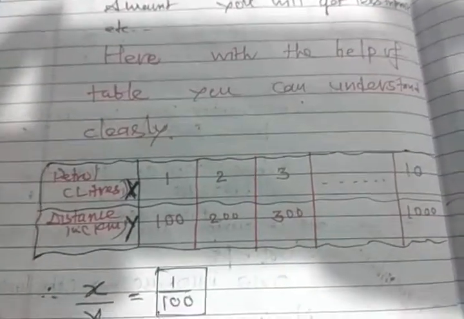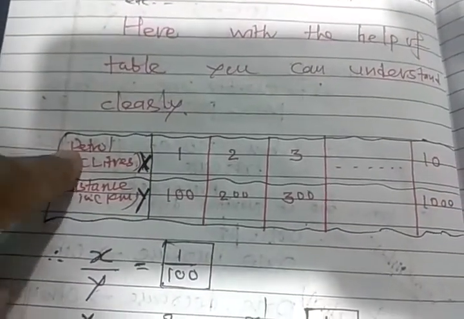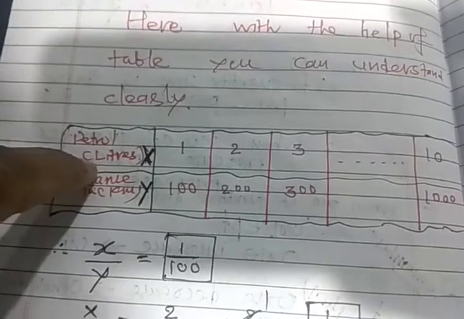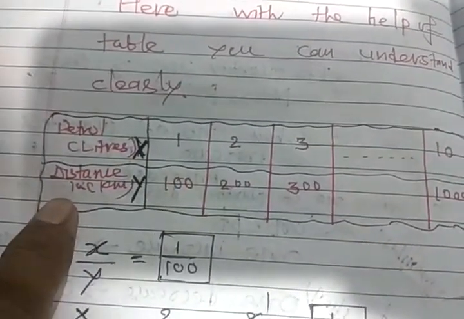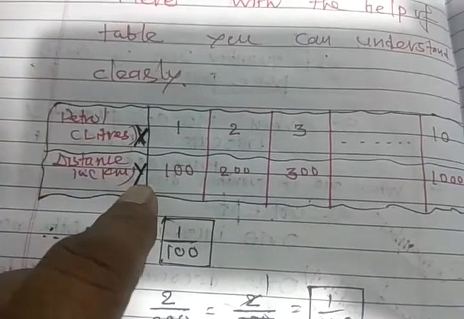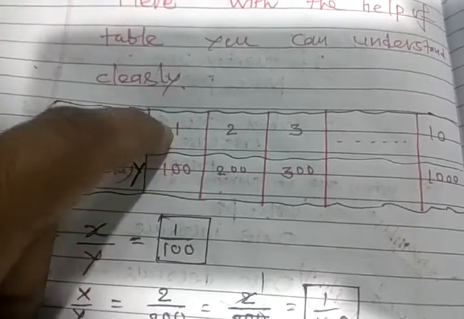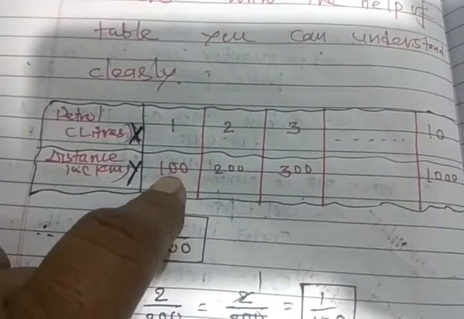Here I am giving the example with the help of this table. Suppose one quantity is petrol, which is given in liters, represented by X. The other is the distance, which is given in kilometers, represented by Y. If 1 liter is there, it covers 100 kilometers.